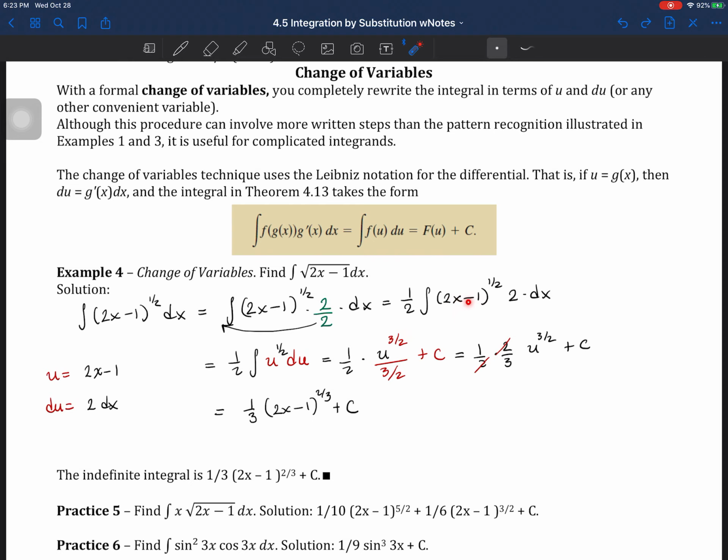This is where the process is going to start. We're going to write this in terms of u, so this will be u to the 1/2 times, when you take the derivative of 2x minus 1, this gives us 2 times dx. And this is exactly what needs to be going here.